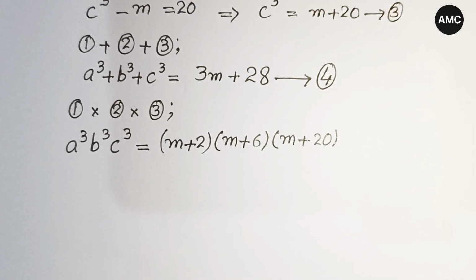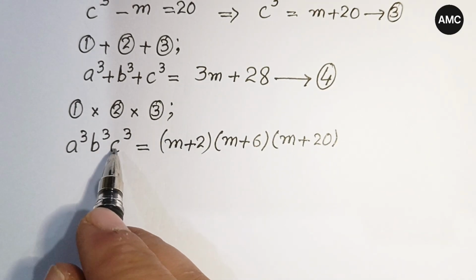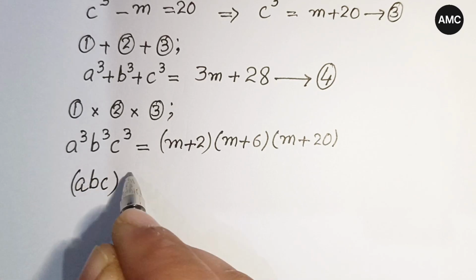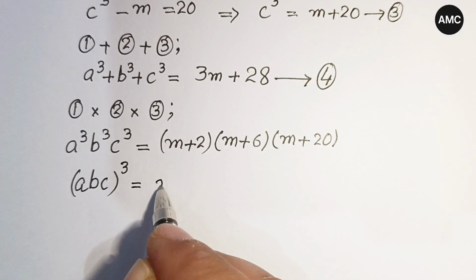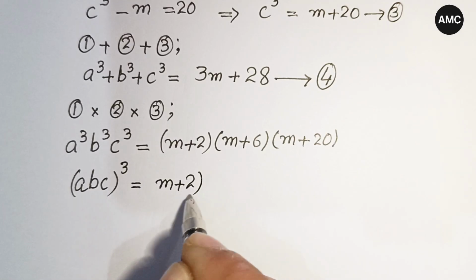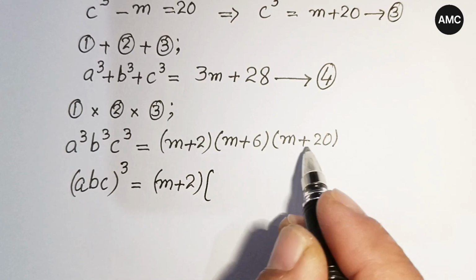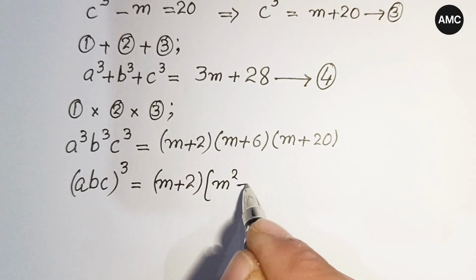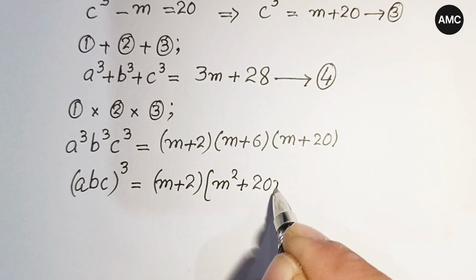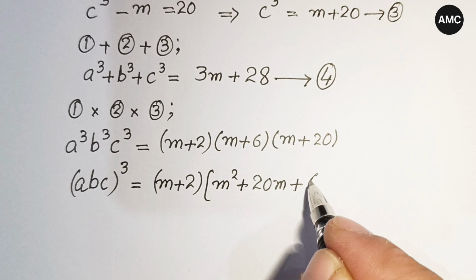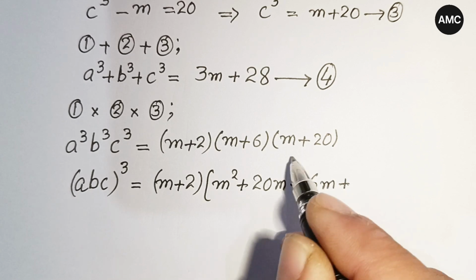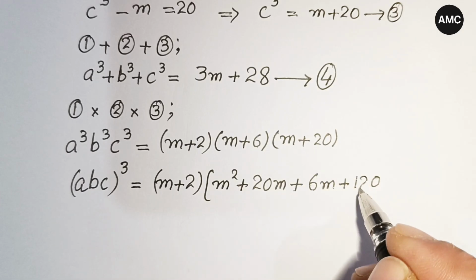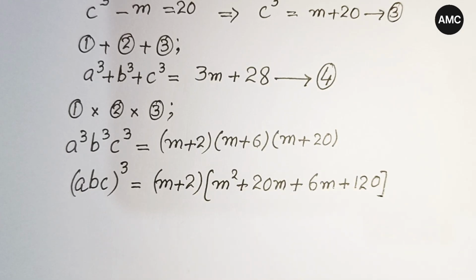Now a cubed times b cubed times c cubed can be written as a times b times c whole cubed is equal to m plus 2 times, if we multiply these two here, so m times m is m squared, plus m times 20 is 20m, plus 6 times m is 6m, plus 6 times this 20 is 120.